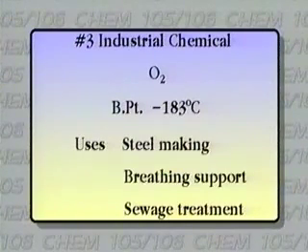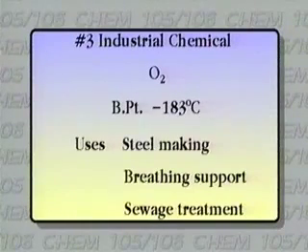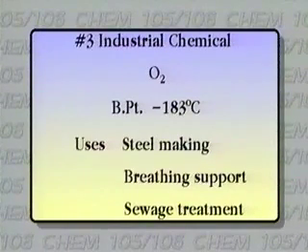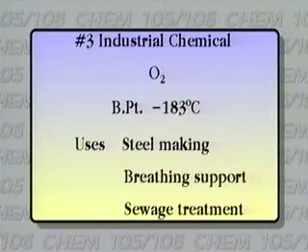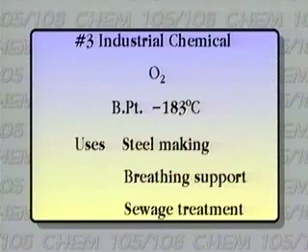Breathing support, of course, in a hospital, in medicinal use, if we have somebody who has a lung that has failed or has respiratory problems, emphysema, pneumonia, and we want to be able to provide sufficient oxygen for the body to function, then obviously if we replace the air with an oxygen mask, we can give the person 100% oxygen versus 20% oxygen that they would breathe in normally, meaning they only need to take in 1/5 the volume of gas to give the body the same amount of oxygen.